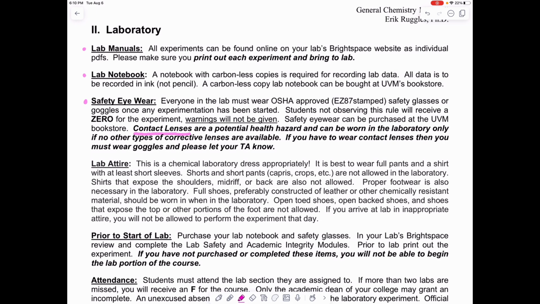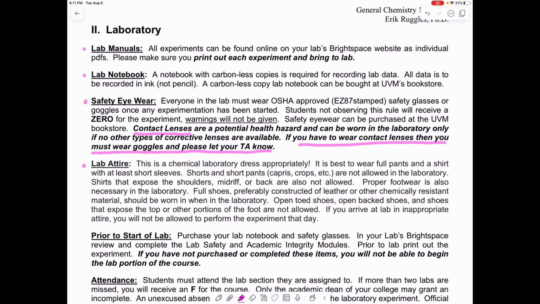If for some reason you don't have a spare set of glasses, you definitely need to wear goggles, and you need to let your TA know. Because the protocol, if you get something in your eye with contacts, is definitely different than the protocol if someone just gets something chemical in their eye without that contact lens.